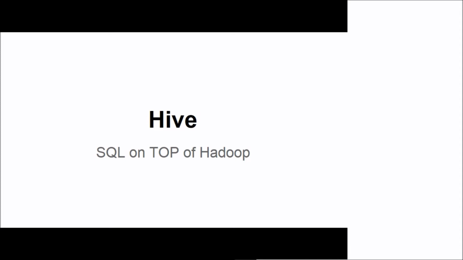I explained in the first presentation that if you are using distributed computing, where you have multiple nodes processing in parallel, the time taken to get the results decreases exponentially. That you can get with the help of Hive.